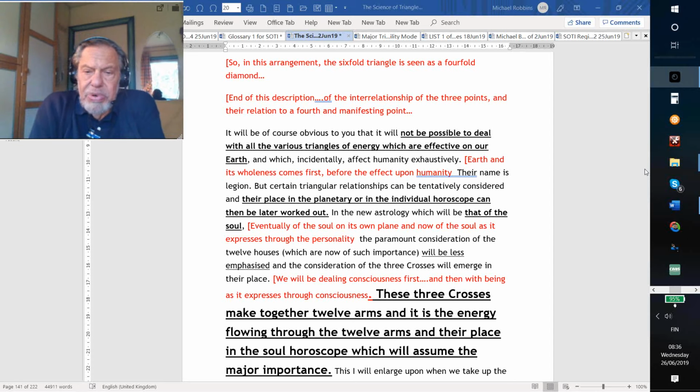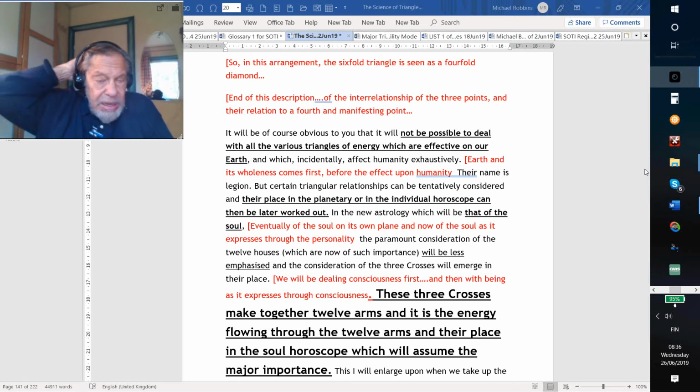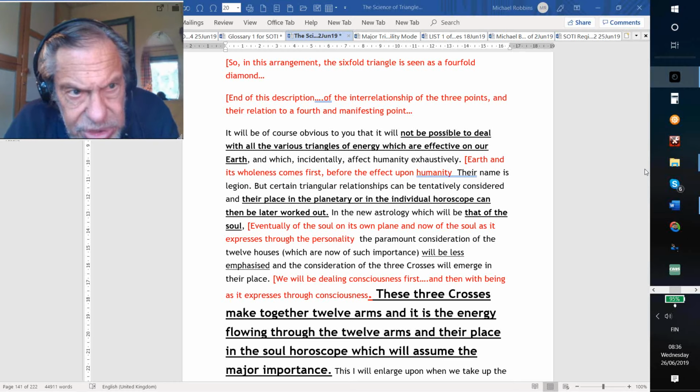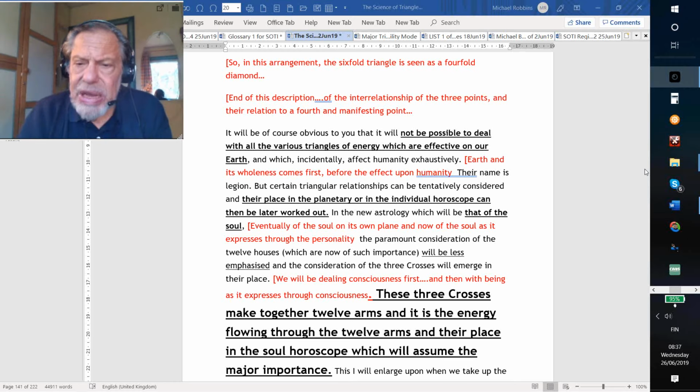All of them produce different types of relationships, or aspects. Division by 6 produces oppositions, division by 4 produces triangles, division by 3 produces crosses, and division by 2 produces hemispheres.